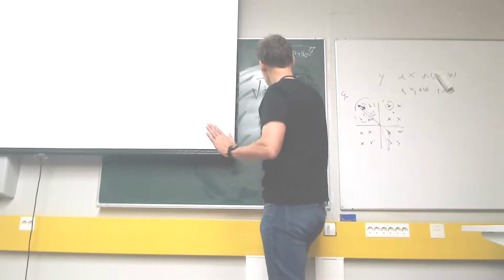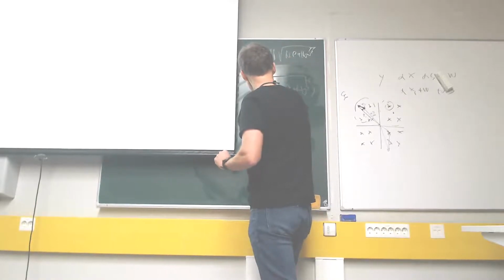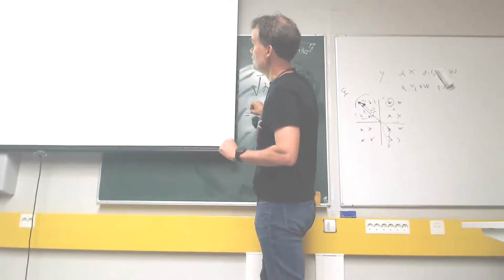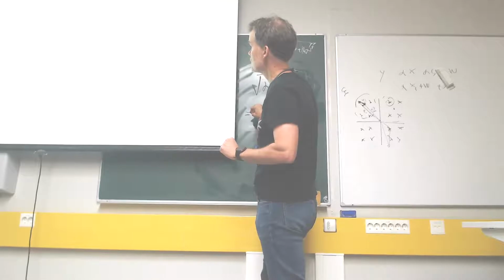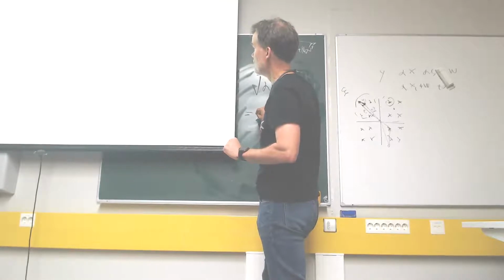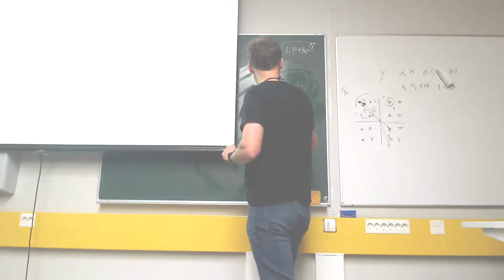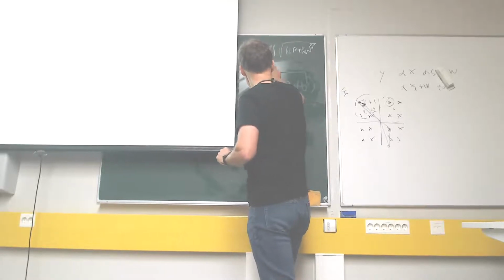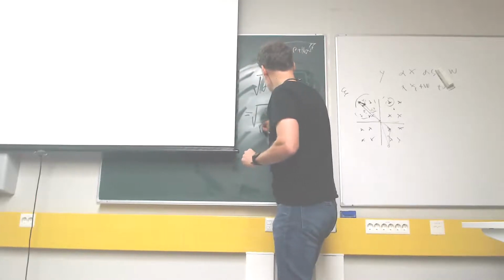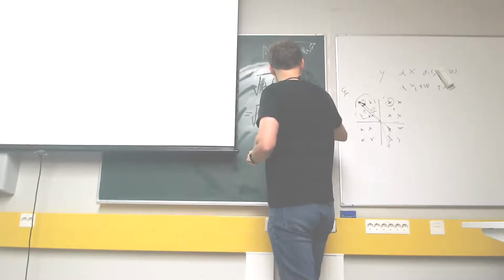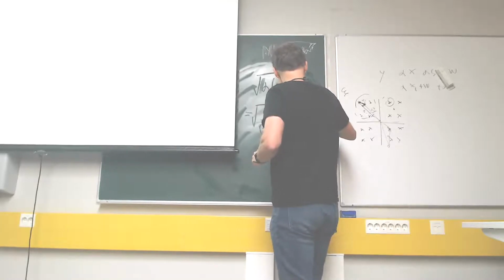So we plug in the optimum alpha, which is P over P plus sigma square, times nP plus n sigma square.